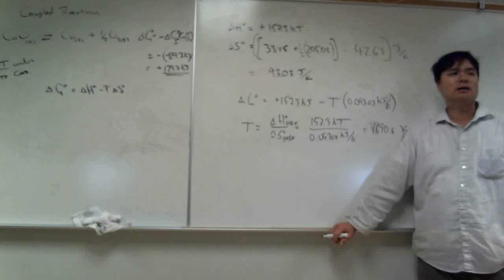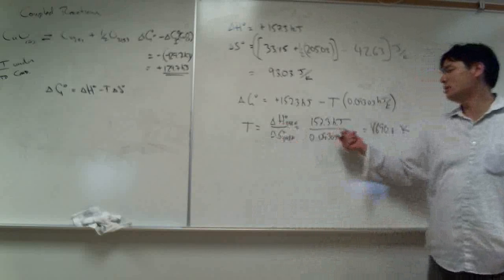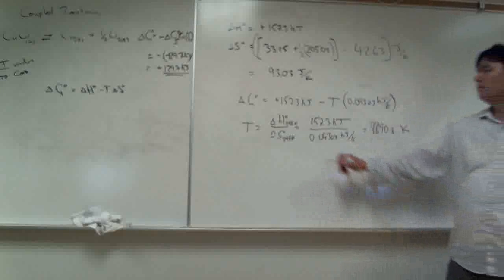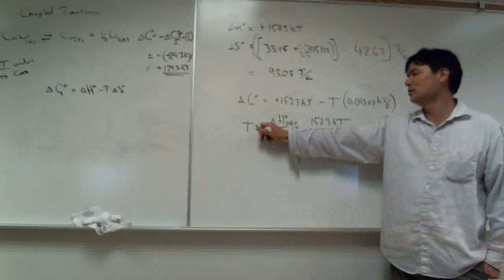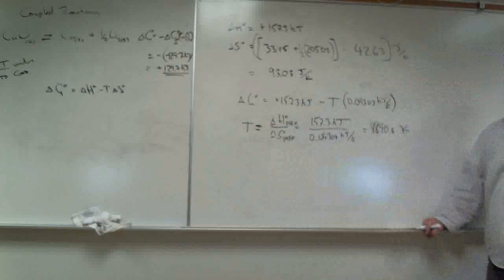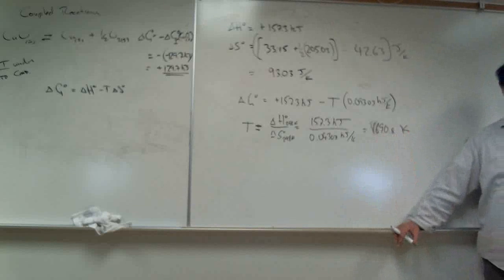And we would say yes. We're going to say that delta H and delta S don't change much. And so this equation looks okay. Since we aren't using the correct values, we're just going to say it's about 1690 Kelvin, 1691 Kelvin.